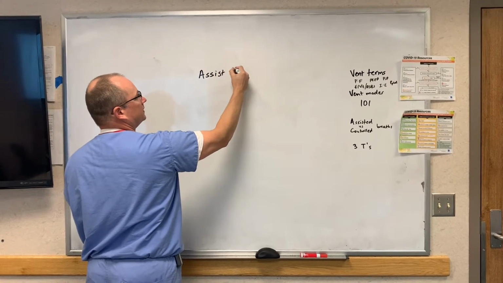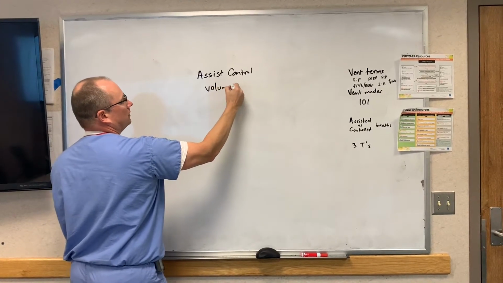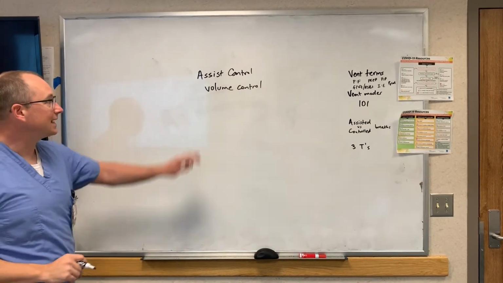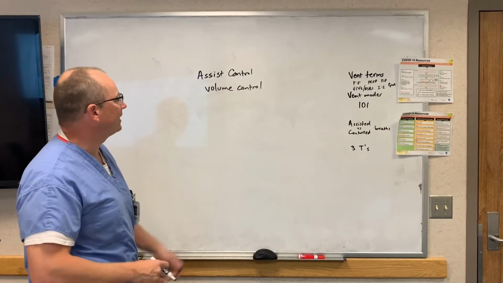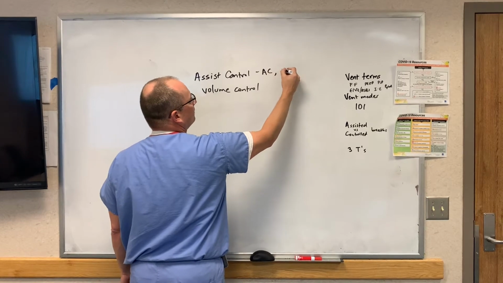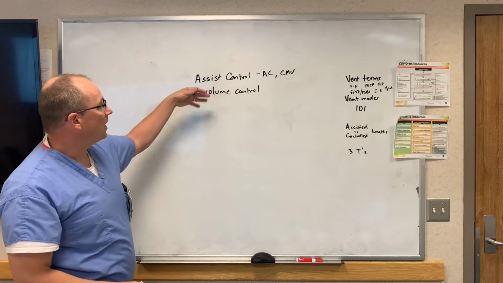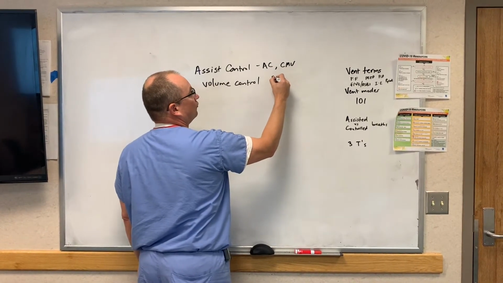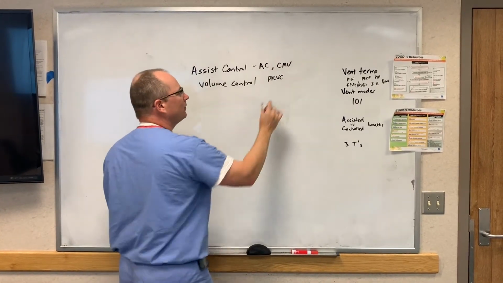This is what we call assist control, which is a volume control mode of ventilation. Now this has many different names out there. It depends on sometimes the company who makes the ventilator and what they want to call it. Some people call this AC, some people call this CMV, some people try to make the volume control even a little bit more comfortable for the patient, and they call it pressure regulated volume control by changing a little bit of the flow parameters and airflow into the patient.